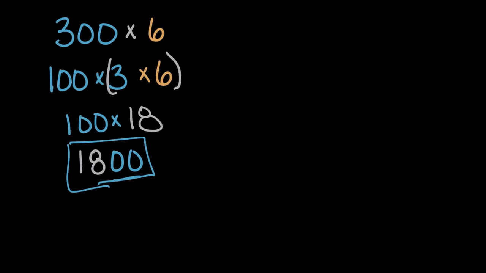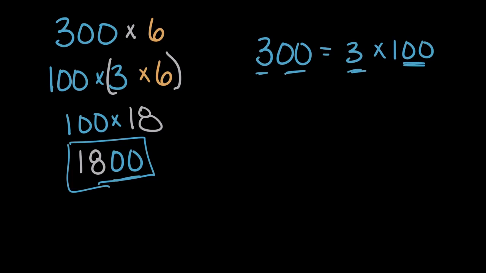Just like we saw that 300 is equal to 3 times 100, or our 3 with 2 zeros on the end. Well, same thing here. 18 times 100 is 18 with 2 zeros on the end, or 1800. So 300 times 6 equals 1800.